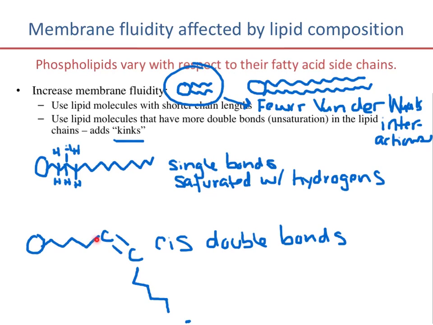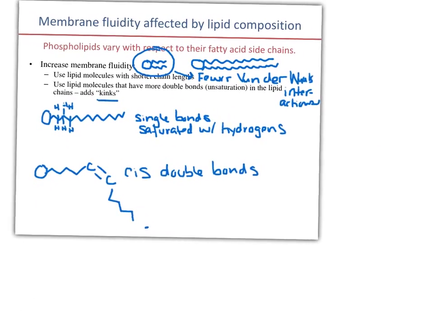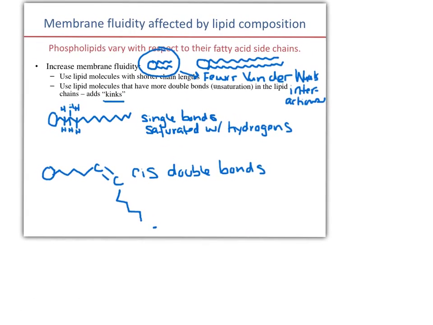Assuming that this is a single bond, there's room for one more hydrogen instead of 2. So it's more unsaturated, there are fewer hydrogens. And this kink makes it so that the lipid molecules can't pack in tightly together, and therefore it increases the membrane fluidity.